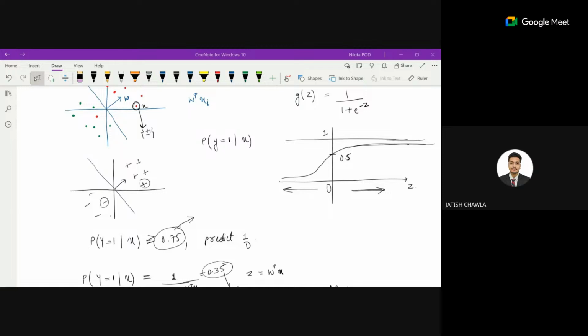What will be the complexity of this algorithm, logistic regression? I'm not sure about the complexity of this model. Usually linear regression is a less complicated model.